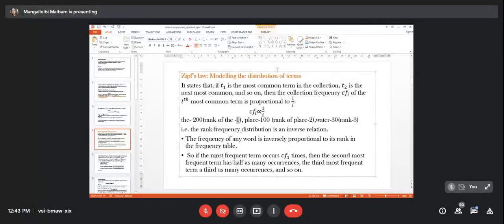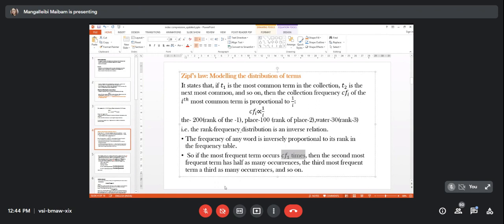If the most frequent term occurs with a collection frequency of this number of times, then the second most will occur half that number of times, the third most 1 by third, fourth most 1 by fourth, fifth most 1 by fifth, and like this it goes on.